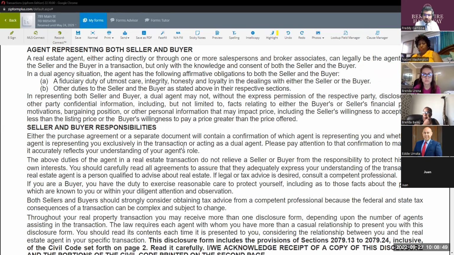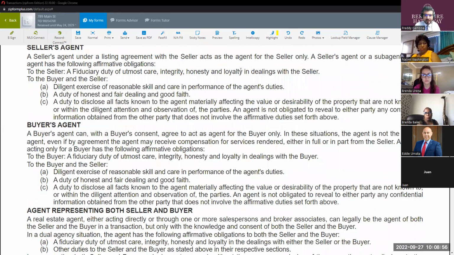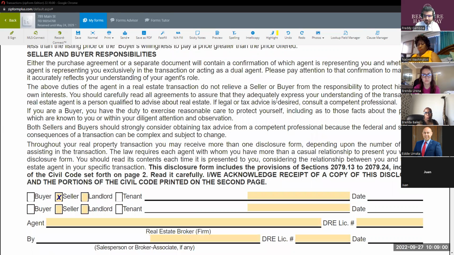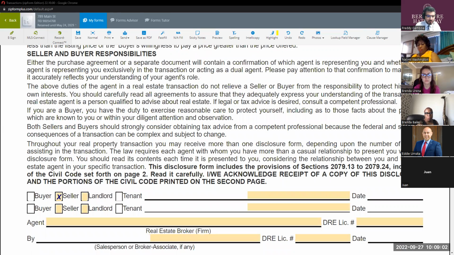Just like Brenda Bailey, Brenda Urena also has to have her own real estate agency relationship with that seller. It says right here, throughout your real estate property transaction, you may receive more than one disclosure form, depending upon the number of agents assisting in the transaction.